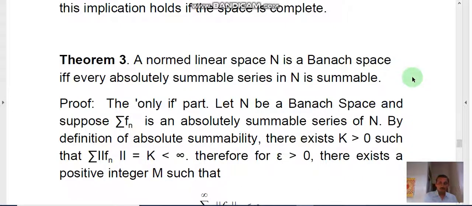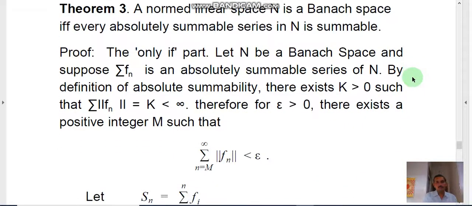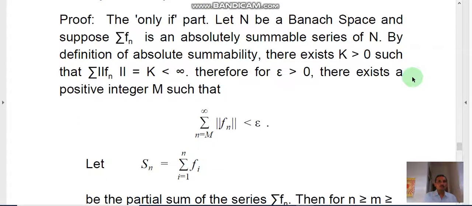Here we see the proof in two parts. The first part is the only if part.